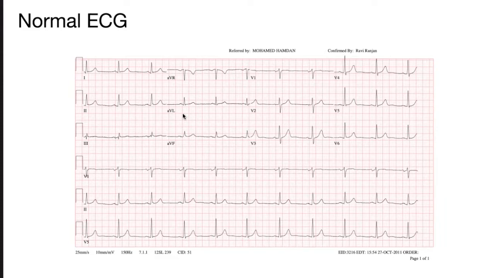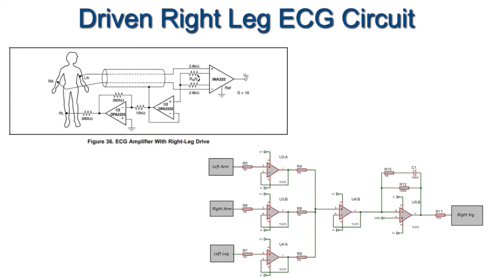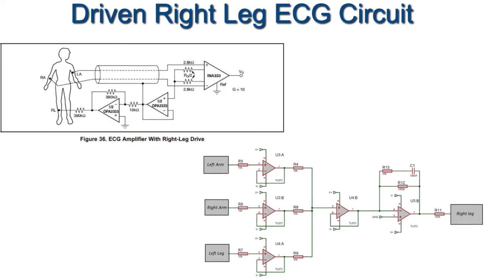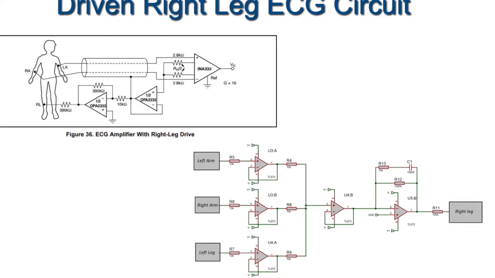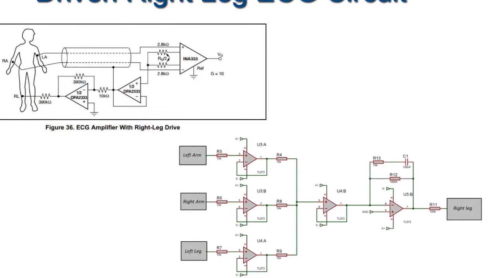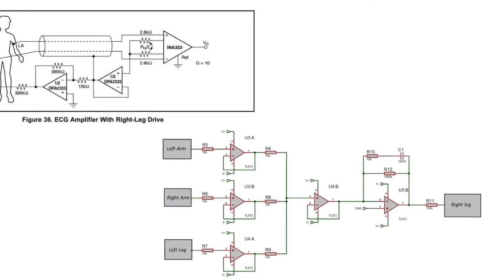Yeah, it's actually even trickier than that because in a modern ECG card, it's actually what's called a driven right leg circuit, in the sense that you derive a signal. You know how you do noise cancellation in headphones? Anyone know how that works? Okay, so that's the simplest way to get rid of noise: you record the noise and you subtract it from the signal, which contains both the noise and the stuff you're interested in.